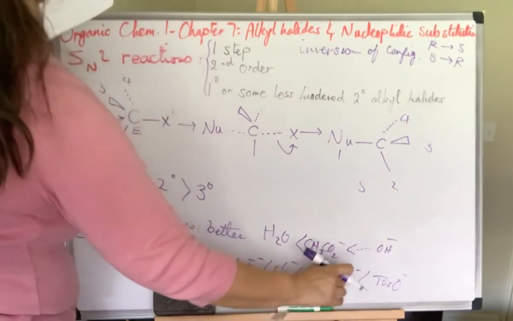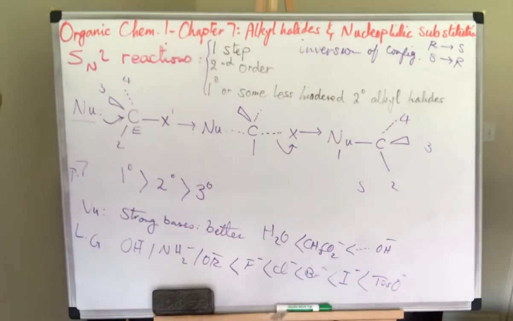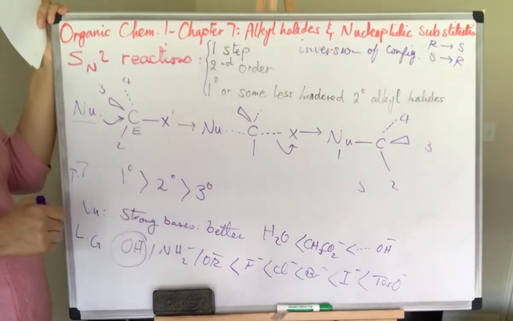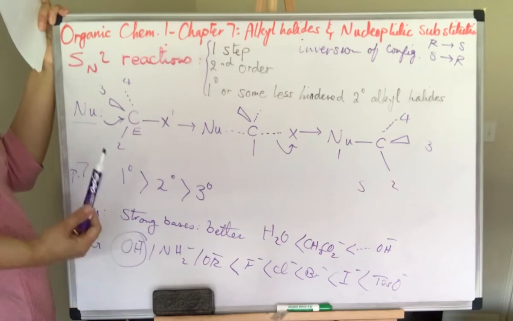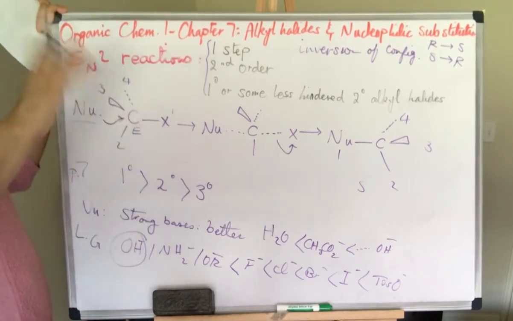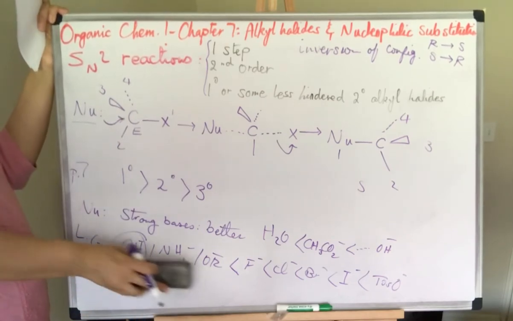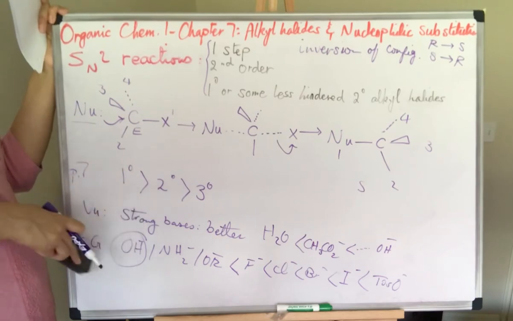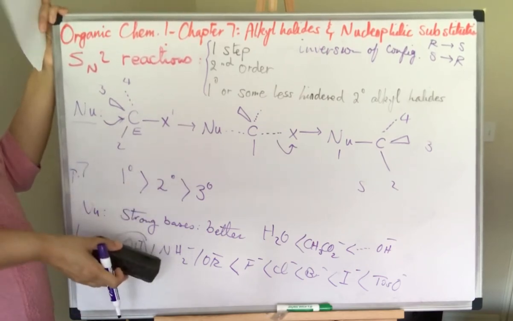You will learn more about this tosylate in organic 2 when you have, for example, something like OH and you want to change it to a good leaving group, so you change OH to OTOS. Wait until you reach there, but this is what you need to know. So for the nucleophile, strong bases are better. As a leaving group, weaker bases are better.